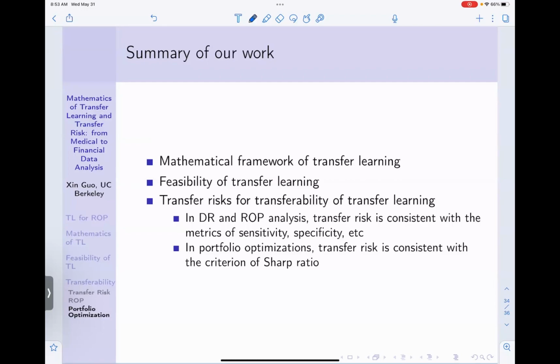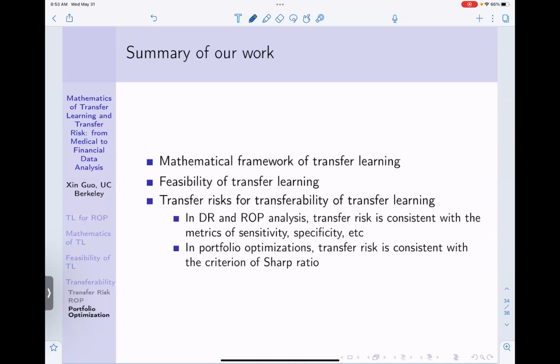I have 50 minutes and I'm exactly here. So the summary of the work is, for the first time, we understood at least what transfer learning exactly is in terms of an optimization framework. And then one can establish the feasibility whenever you start a transfer learning procedure.